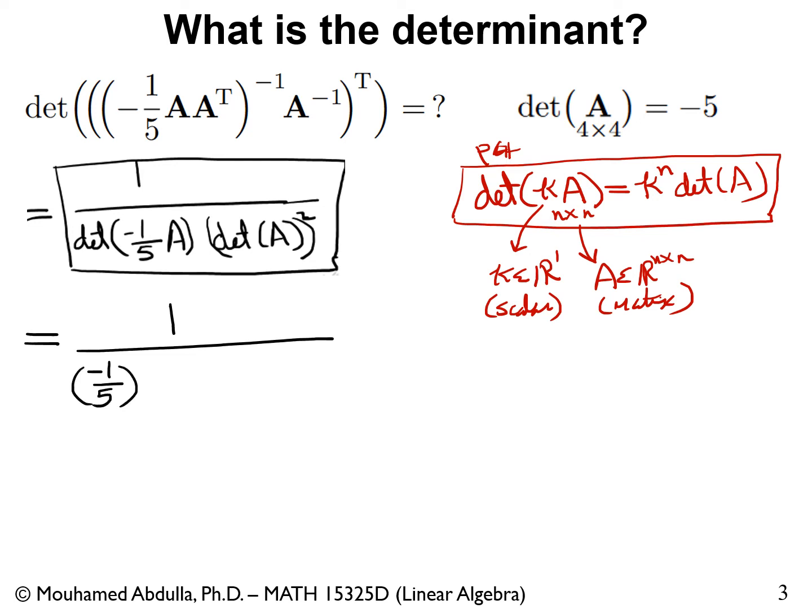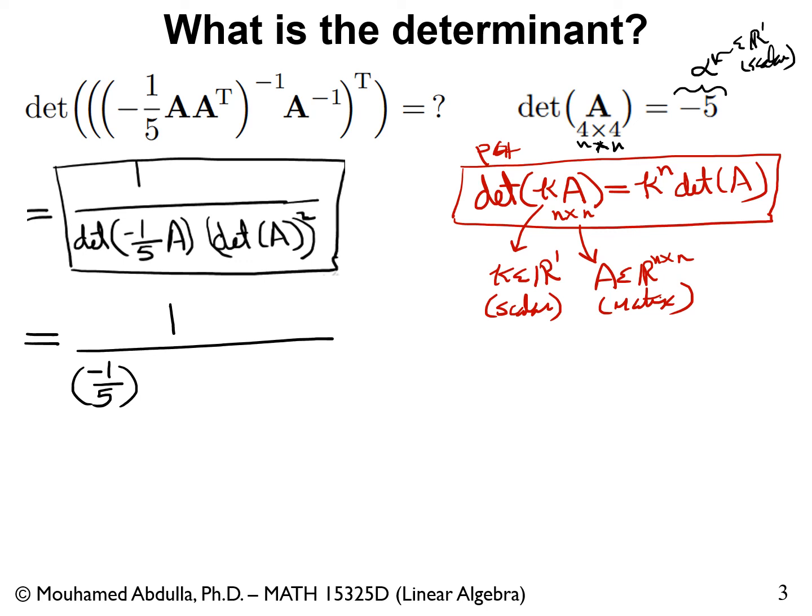I know it's a 4 by 4, but let's think of this as some generic n by n. And I know that the result of determinant of A is minus 5, but let's also call it alpha, alpha being a scalar, for example being in R1. So I'm going to use these terms to have some generic expression, and then we could just plug in the 4 and the minus 5 at the end.